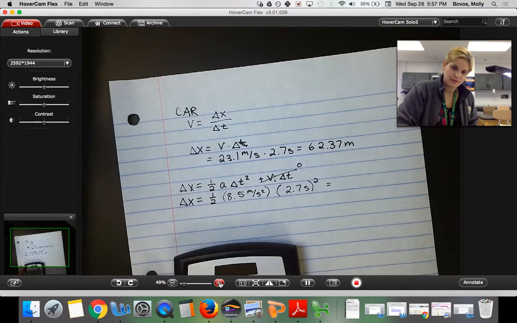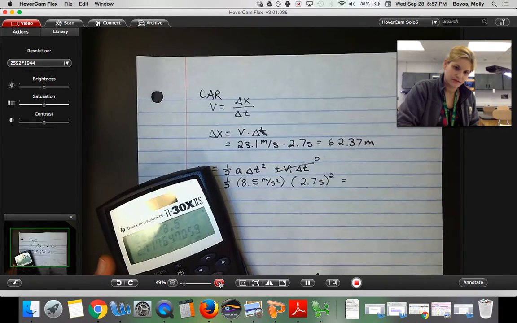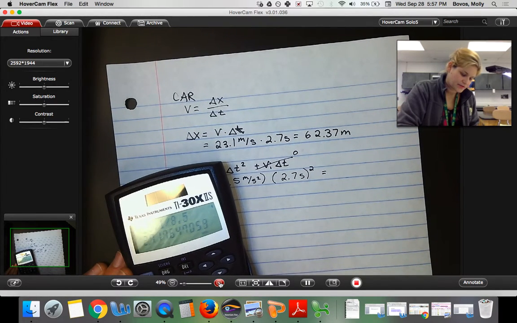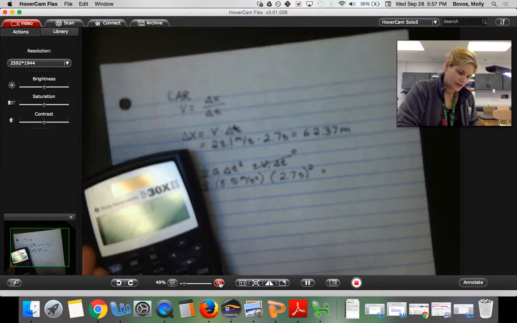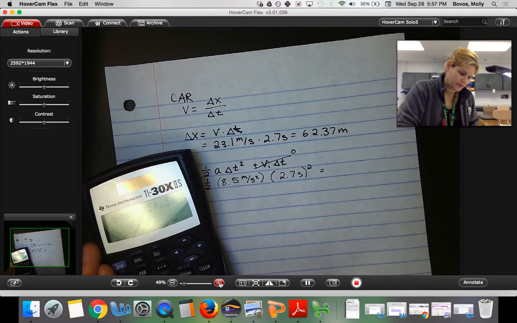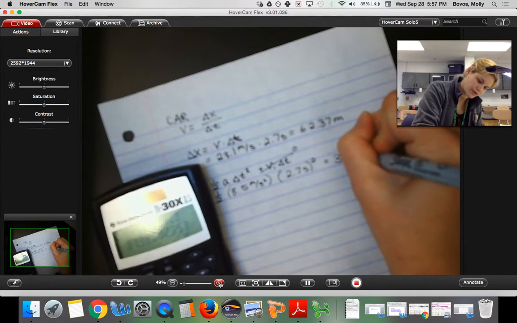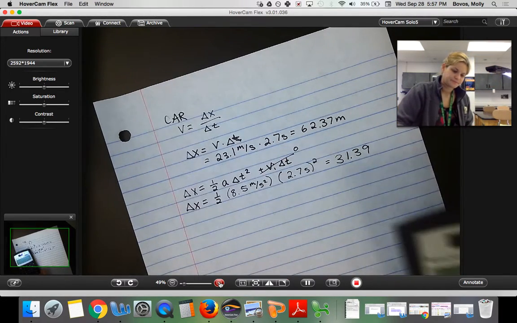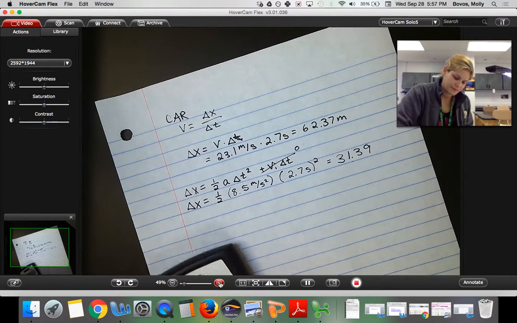Okay, might as well keep this number in here, because that was my time. I'm going to go ahead and square this number, and then times 8.5 and times 0.5, I get 31.39.